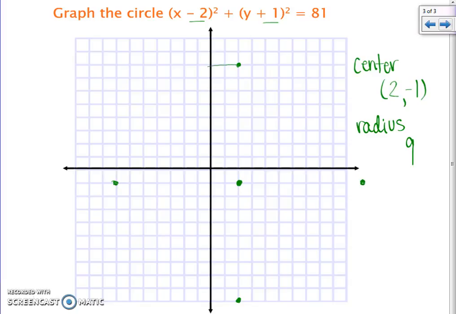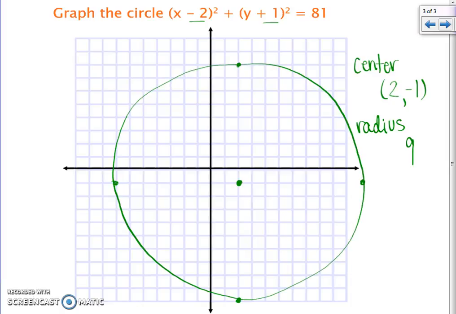Okay, and then just do your best to make it not look like a square with round corners. I hope it doesn't look like a pentagon because there's not 5 points. Questions on this? No?